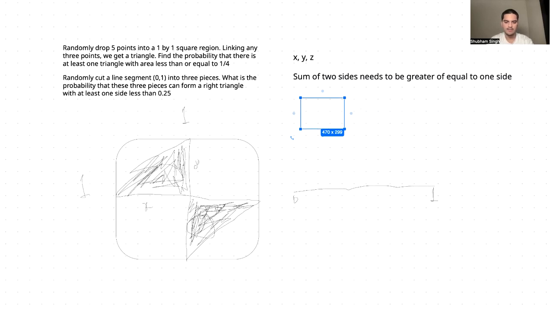Similarly, if we have y less than x, we'll have similar constraints.